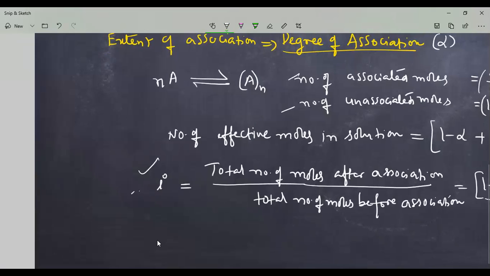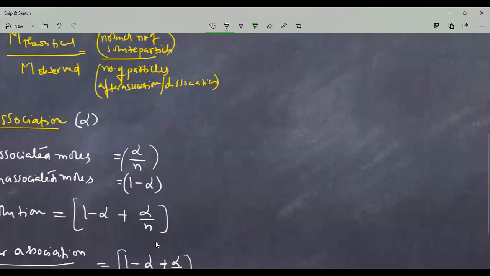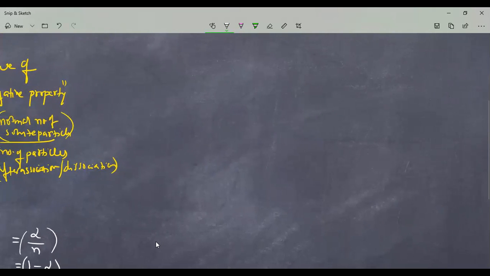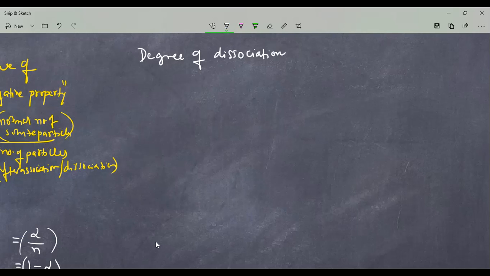Now we will check the dissociation case, that means degree of dissociation.